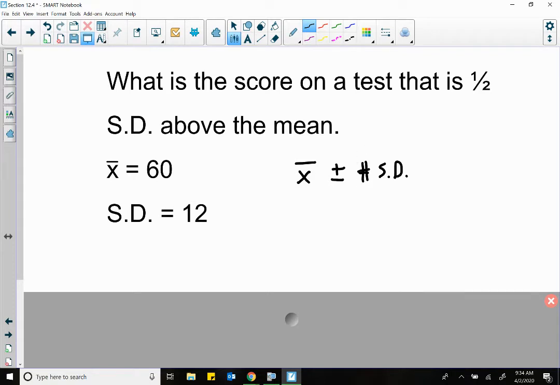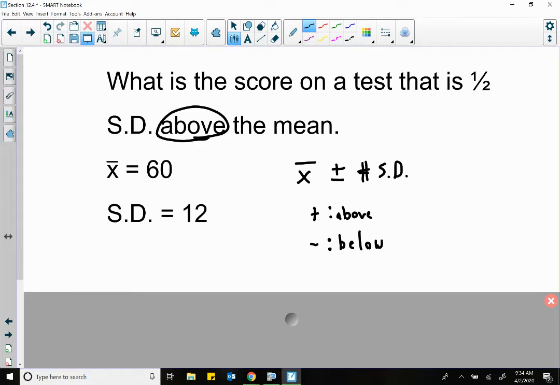All right. Now, how do I know if I want to add or subtract? Well, if you want to add, you're going to be worried about being above. If we're going to subtract, then it's asking about being below. Okay? So when we look at our problem, it says we want to be above.